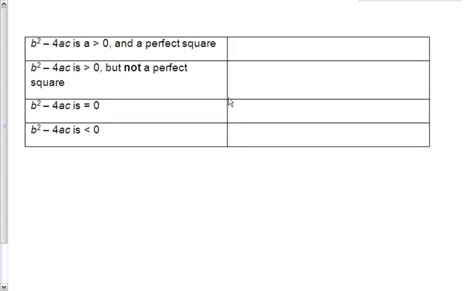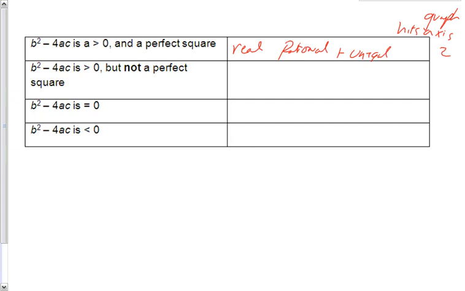So, to recap, if it's a perfect square, it's real, rational, and unequal. There are two roots on the graph. Okay, so we'll put over there, graph hits axis.